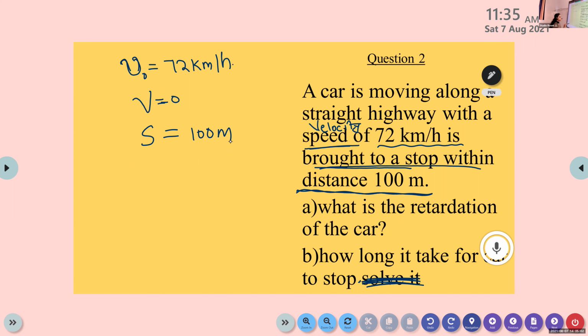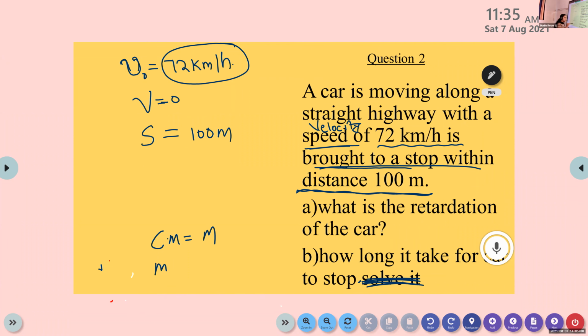But we know that the SI unit of velocity is meter per second. But here the velocity is given in kilometer per hour. So the first step, you must convert it into a standard unit. In physics, you already studied some SI units. If it is given in centimeter, you must convert it into meter.